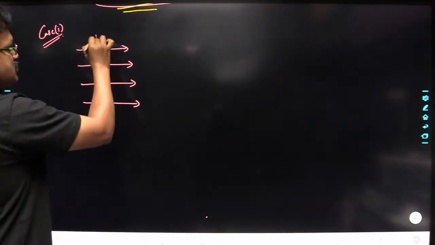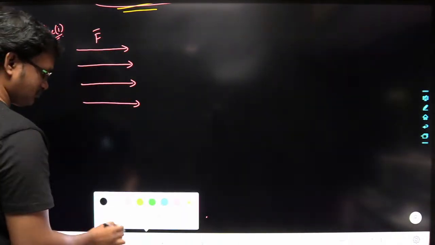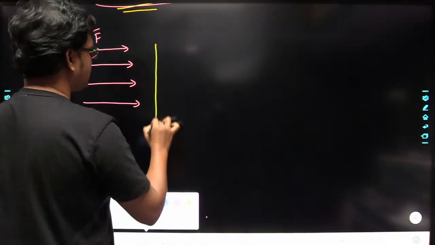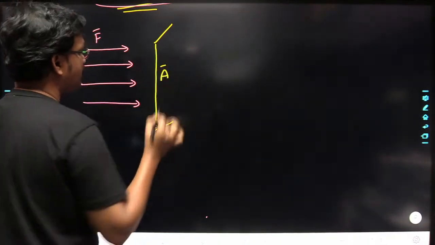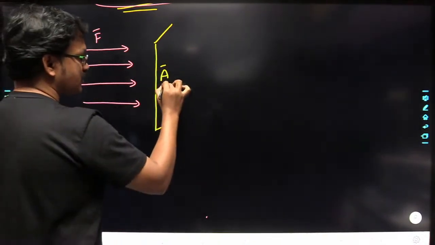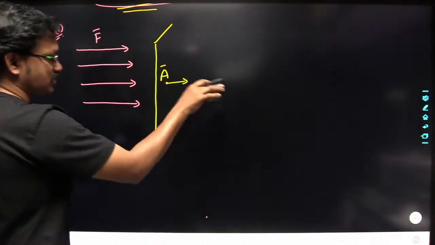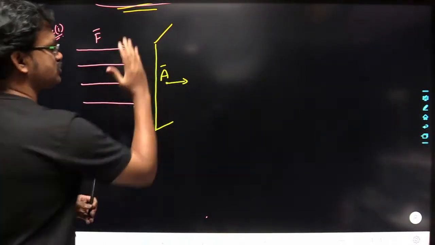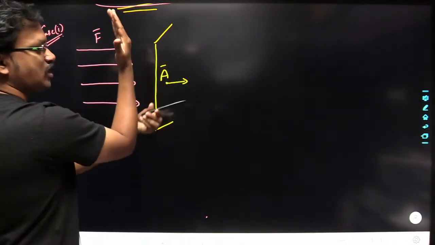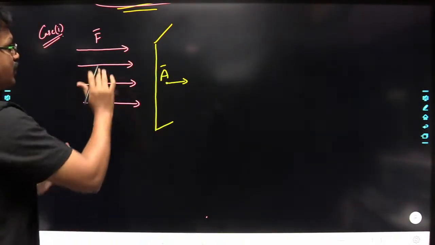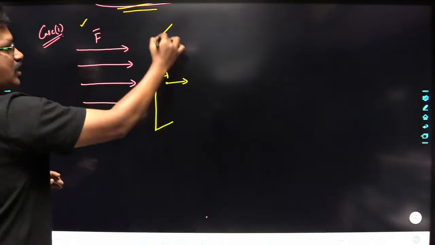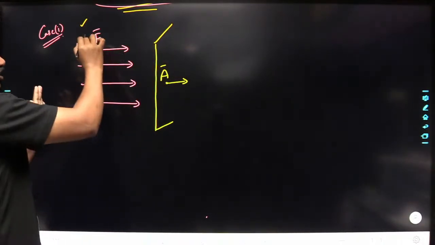This is f bar, and here I am considering a surface, the surface area a bar. Its direction is given by the normal drawn to the surface. If you draw the normal to this surface, it is going to point in this direction, right? So here, what is the angle between f bar and a bar?